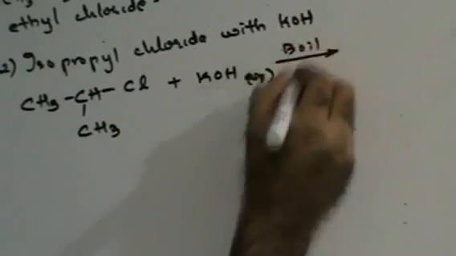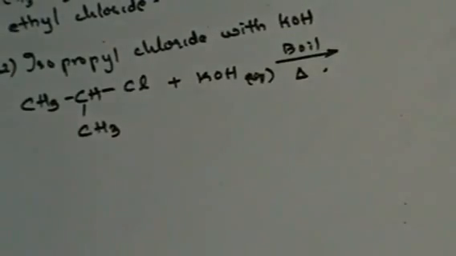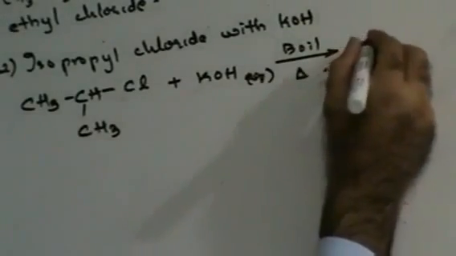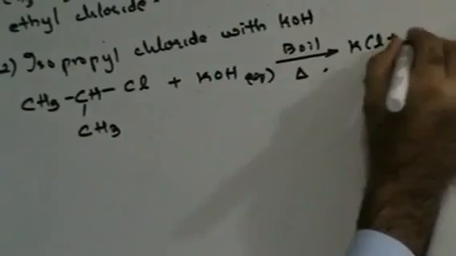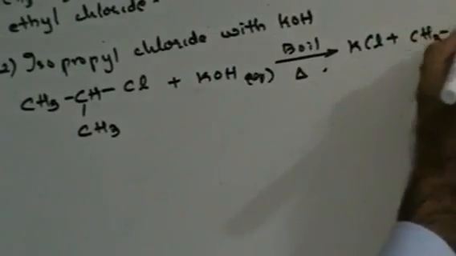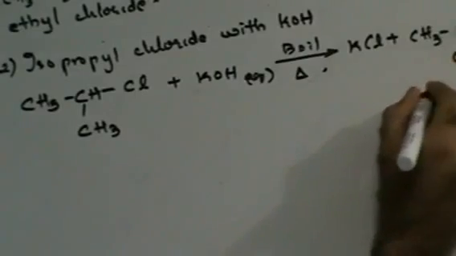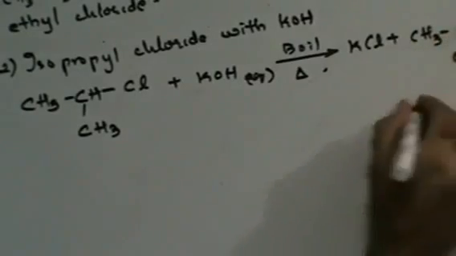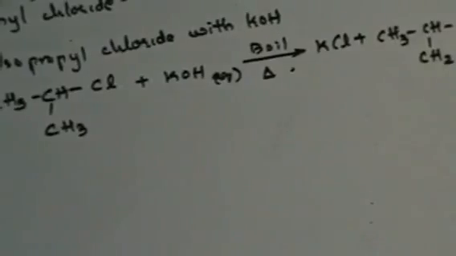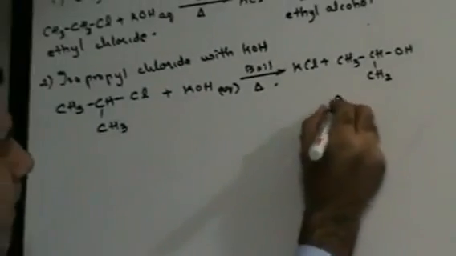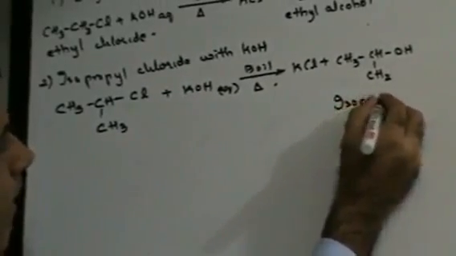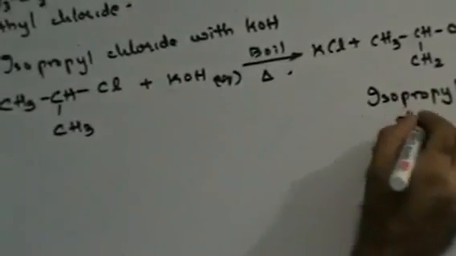Boil by heating this. Right? Substitution reaction, K reacts with Cl to give you KCl plus CH3 CH CH3 OH. So in this case this is going to be isopropyl alcohol.